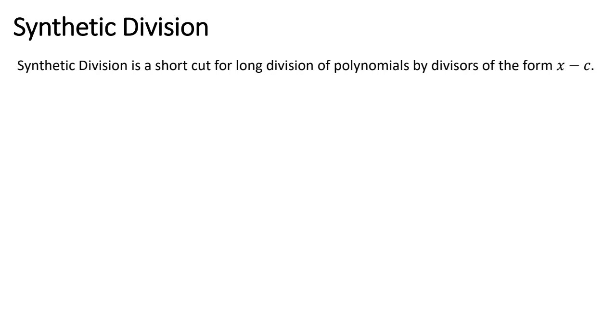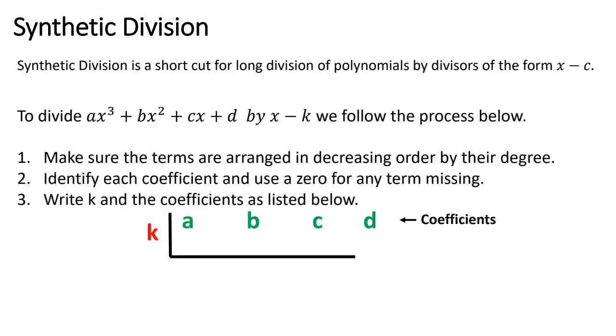So let me go ahead and explain to you what this means. Let's say that we have here our dividend is ax cubed plus bx squared plus cx plus d, and our divisor is x minus k. So our factor term that we want to use is this k value.